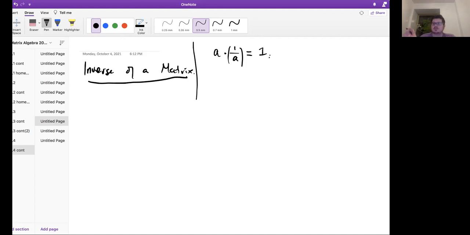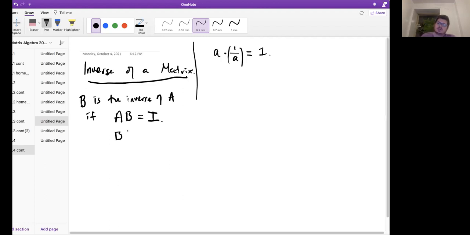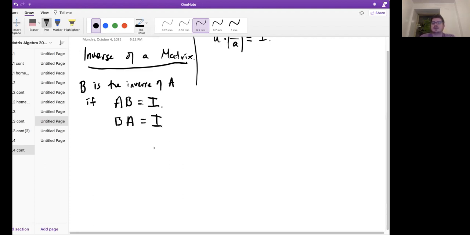So we're going to use that same language when we talk about matrices: when we say that B is the inverse of A, if AB is equal to I, where I is this nice matrix. And we want to work both ways, so multiplying on the left and the right gives you I.